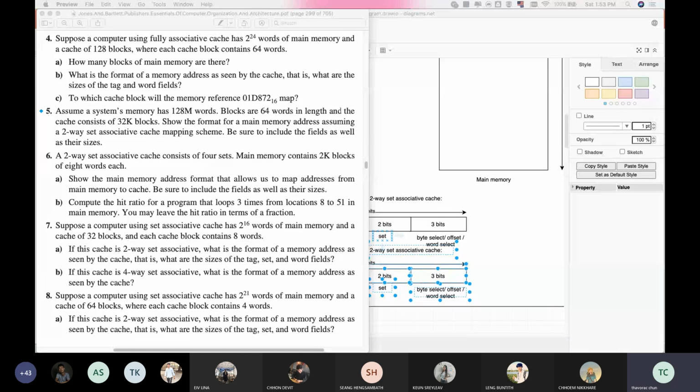The hit ratio refers to the percentage that the CPU can find data inside the cache. Okay, so for question B, we are looking for the percentage that the CPU can find the data inside the cache.